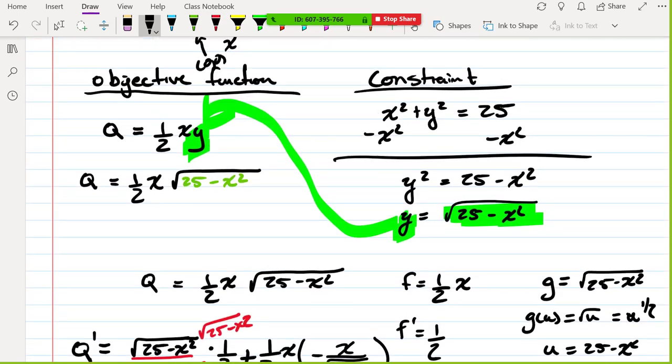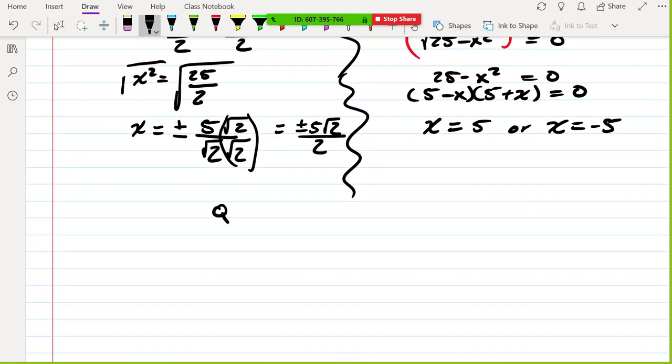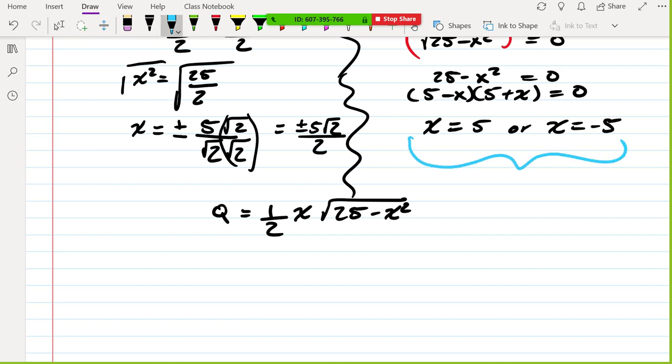And if we go back to our original objective function now, we have q, it was equal to 1/2 x times the square root of 25 minus x squared. If we check these two critical numbers over here, we're going to get the global minimum, which is 0.